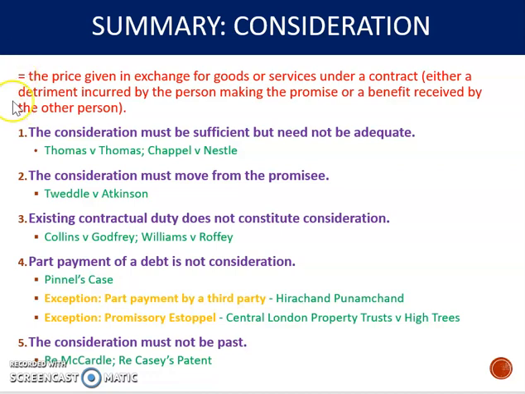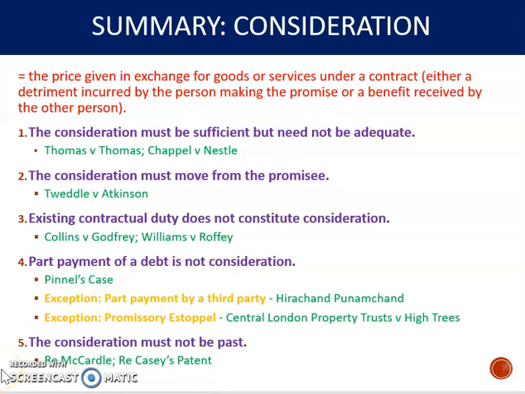So up here I've got a little summary of what I've just recapped there, that consideration is the price given in exchange for goods or services on a contract, either a detriment incurred by the person making the promise or a benefit received by the other person. And in order for consideration to be enforceable under the law, we have to consider these five rules.